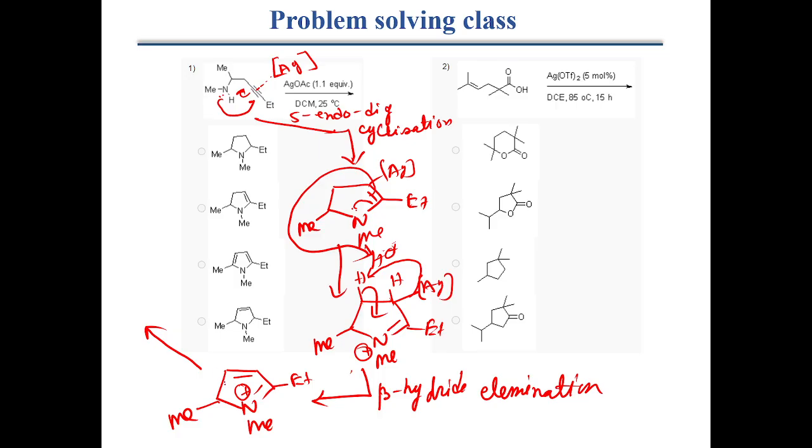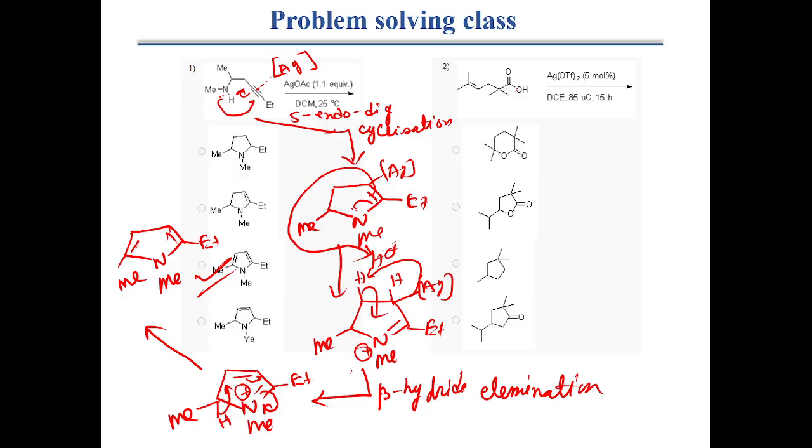Now to stabilize the system, the deprotonation and aromatization happens. So this will go this way, this will go this way, and utilize this iminium, and form this spiro ring. So what is the right answer? Option C is the right answer.